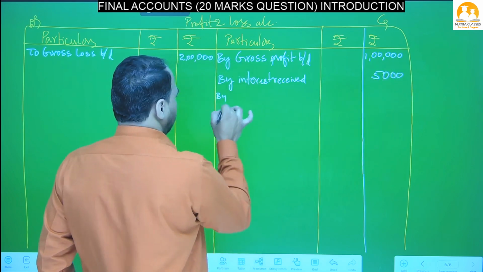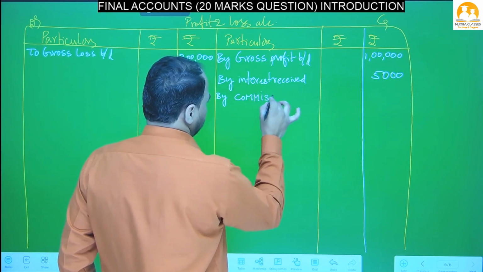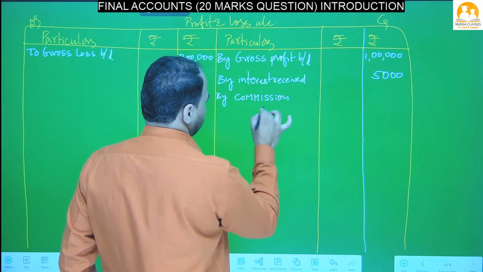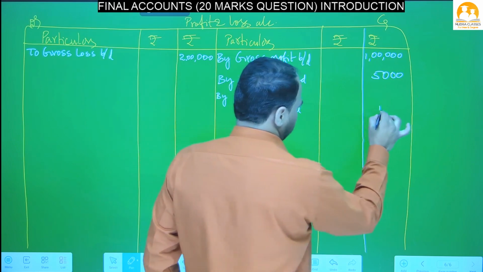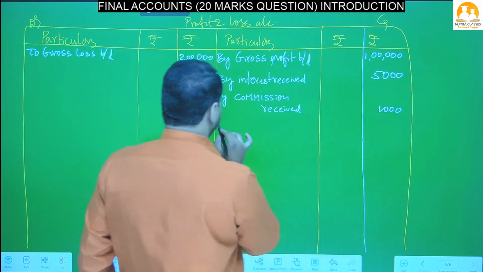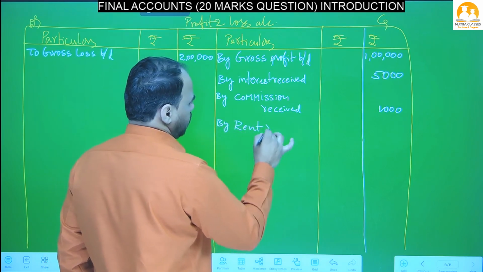By commission received, for example 1,000 rupees. By rent received.